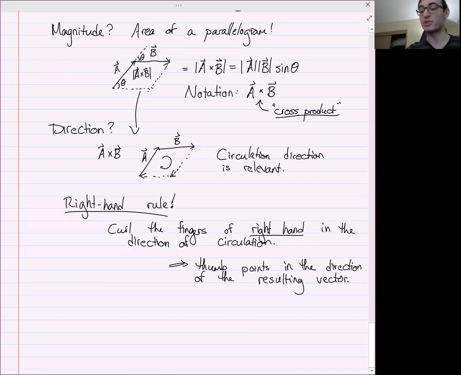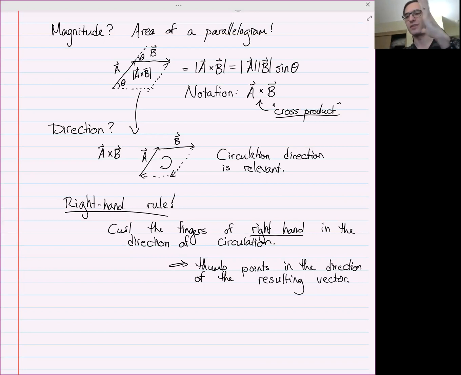So let me do this procedure for A and B here. So I curl my finger, so take my right hand, my left hand, the right hand for you guys. I curl it in the direction of the circulation. It circulates going around this way, right? So I curl my fingers this way. My thumb, in this case, is pointing towards me. Towards me. So that means that it would be pointing out of the, oh, so this is awfully confusing now, because from my perspective, oh, no, that's correct.